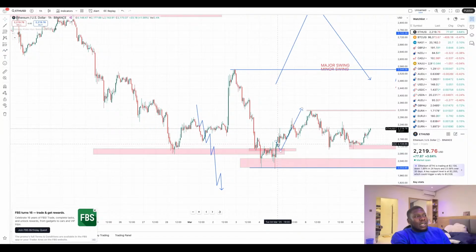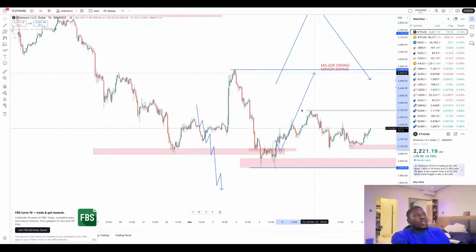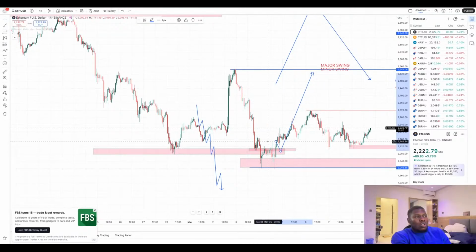Assuming we got a retest here bouncing at this place, this market would have moved to this place, but we didn't get a retest at this zone, and apparently the market will surely come back to retest this zone. So this is a sign that this major support will hold if this minor support holds as well.